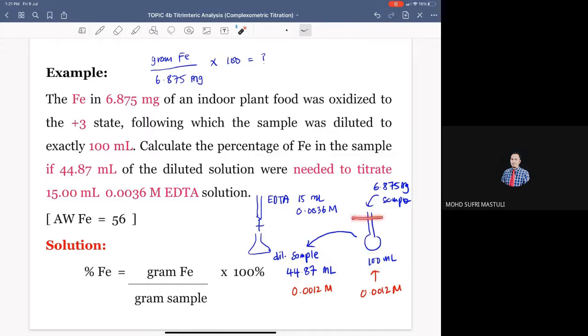Whatever molarity here is the same, because there is no dilution. So now we have to calculate the mole of Fe in this diluted solution.